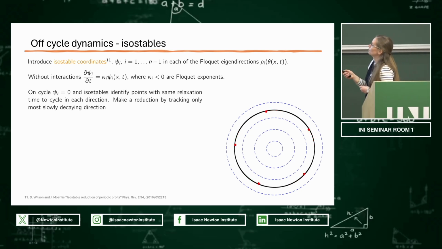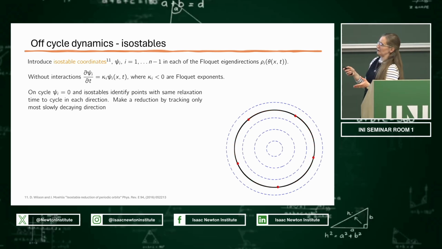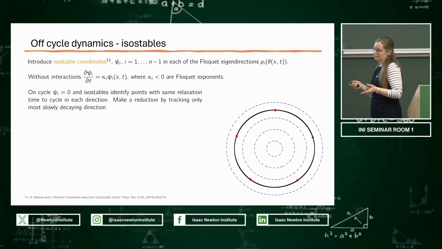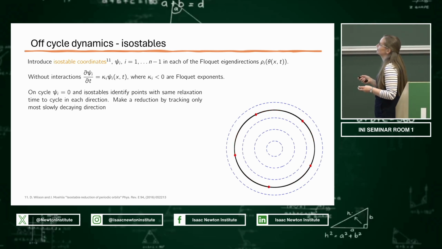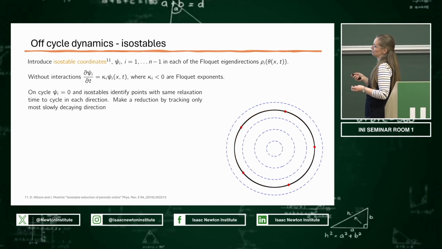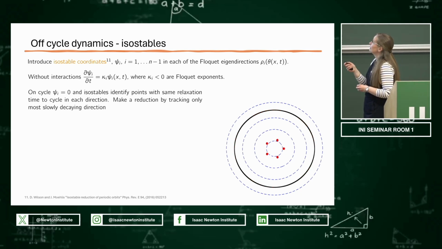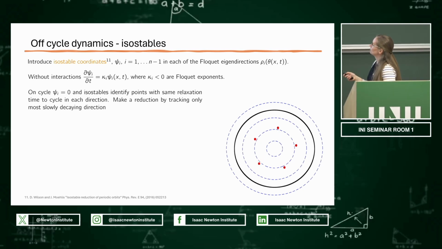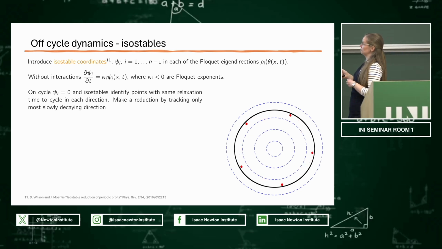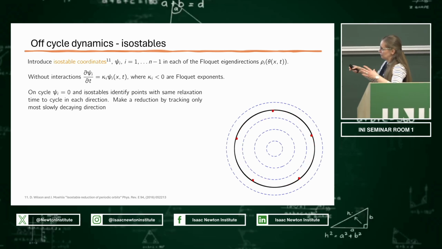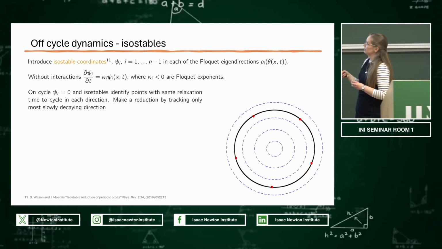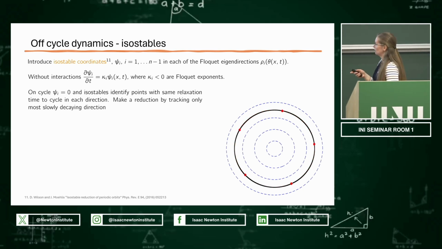So all of these kappas, we're going to assume that they're real. It's not too tricky to make them complex, but it's easier to picture them being real for now. So we've got this decay to the limit cycle. On the limit cycle, your isostable coordinate is 0, and then we've got this relaxation time to cycle in each direction.